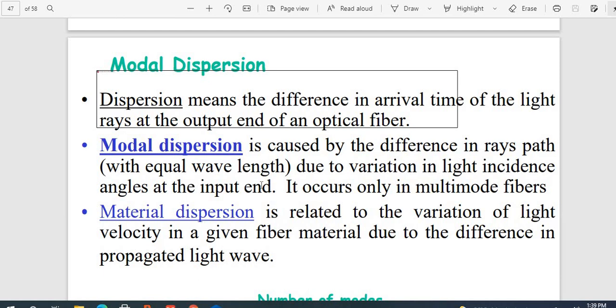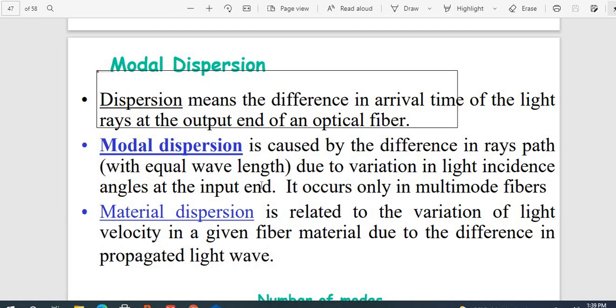Whenever we consider wavelength, it must be equal, due to the variation in light incidence. Whatever incident angle we are considering, students, the difference at the input end occurs only in multimode fibers. So this particular form is only occurring in multimode fibers.